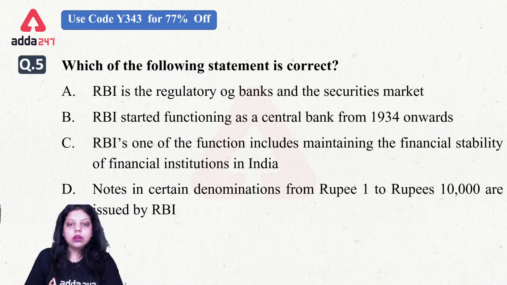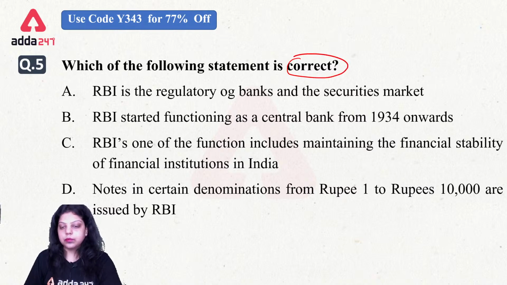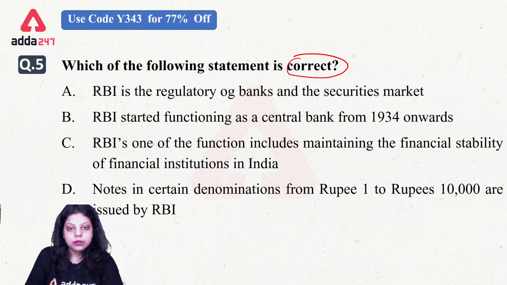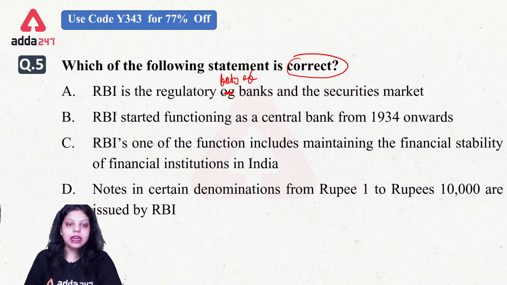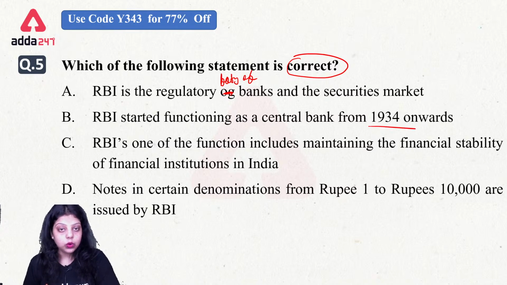Next, which of the following statements is correct? First statement is saying that RBI is the regulatory body of banks and security market, that RBI regulates the banking system and the security market system. Second is saying RBI started functioning as a central bank from 1934 onwards.